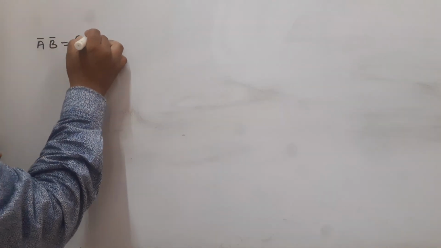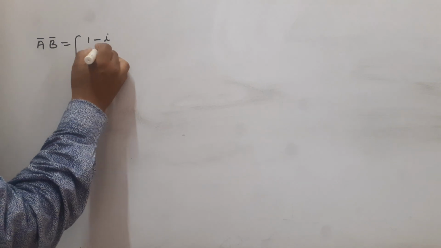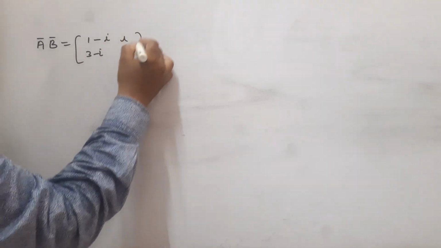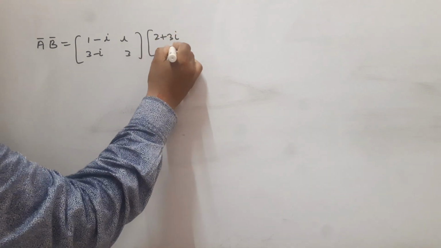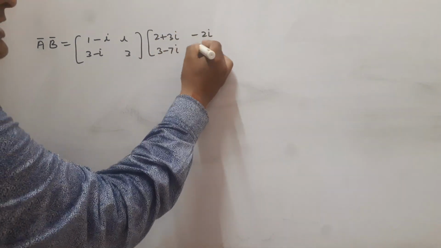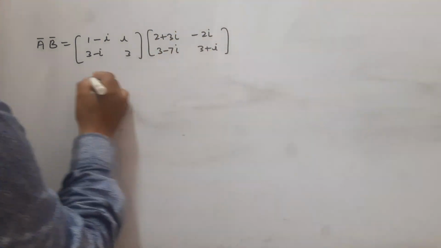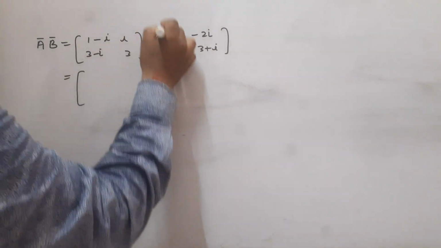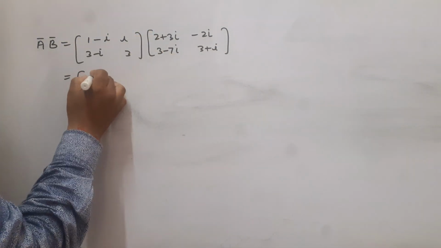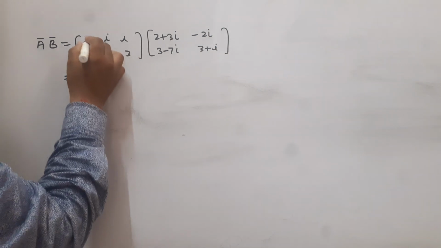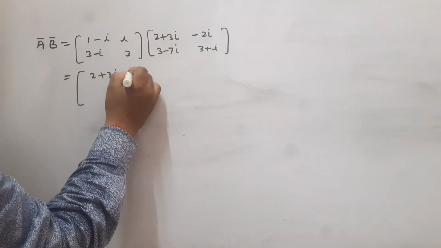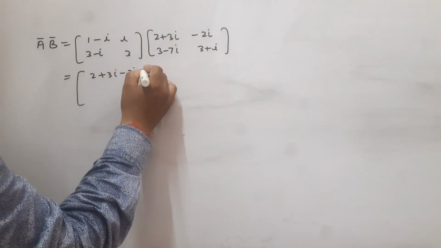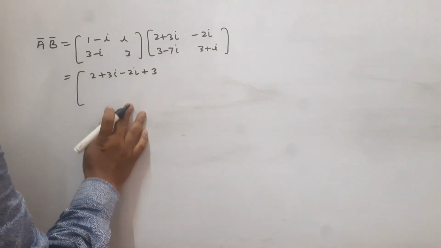A conjugate is 1 minus i, 3 minus i, 3, and B conjugate is here 2 plus 3i, 3 minus 7i, minus 2i, 3 plus i. When we multiply first row by first column, we get 1 multiplied by 2 is 2, 1 multiplied by 3i is 3i, minus i multiplied by 2 is minus 2i, minus i multiplied by this, plus 3.